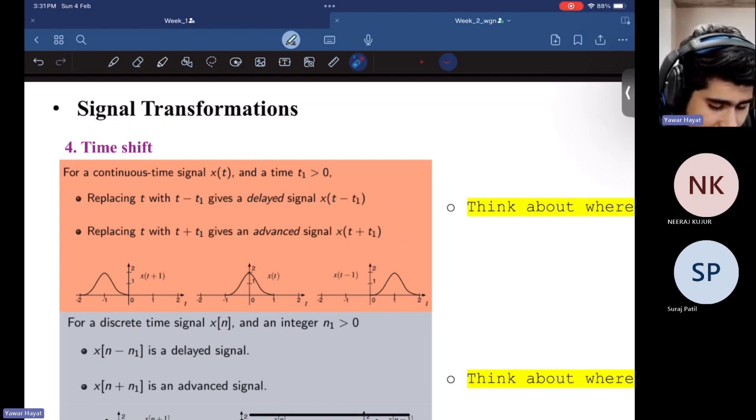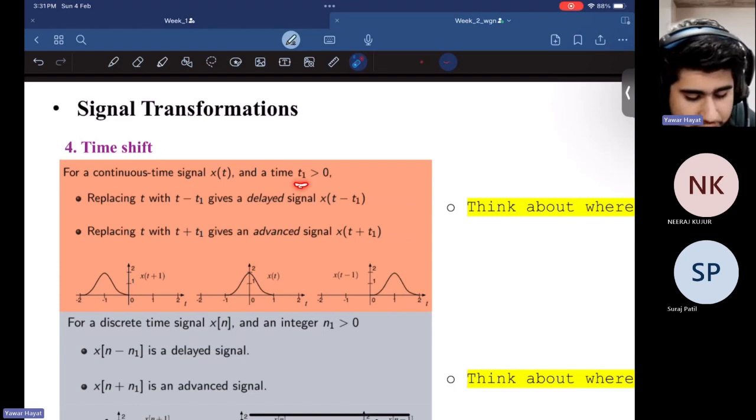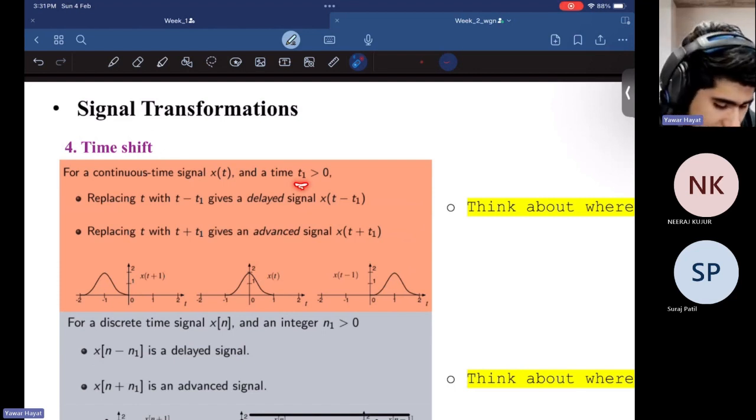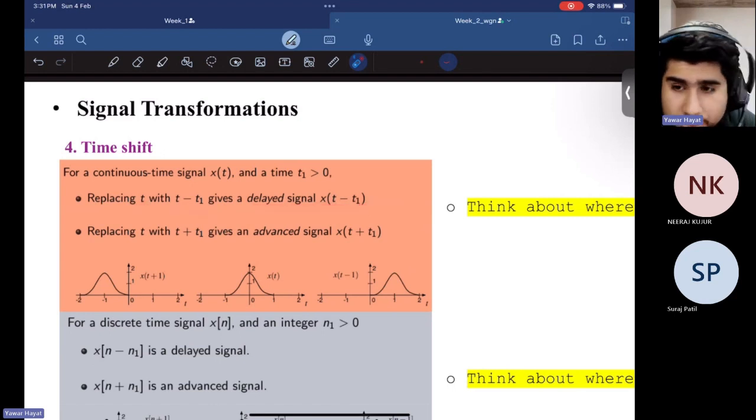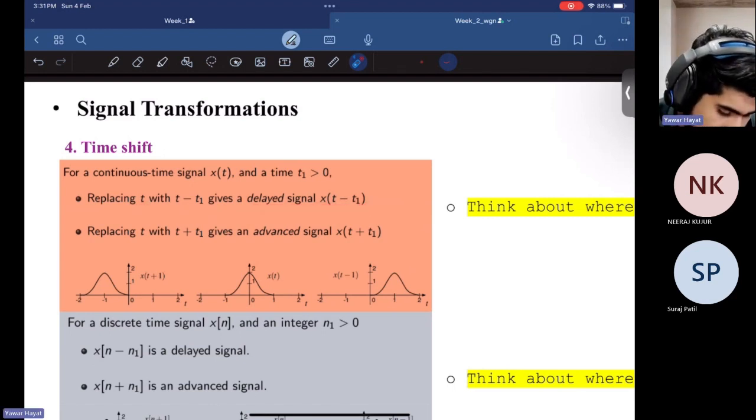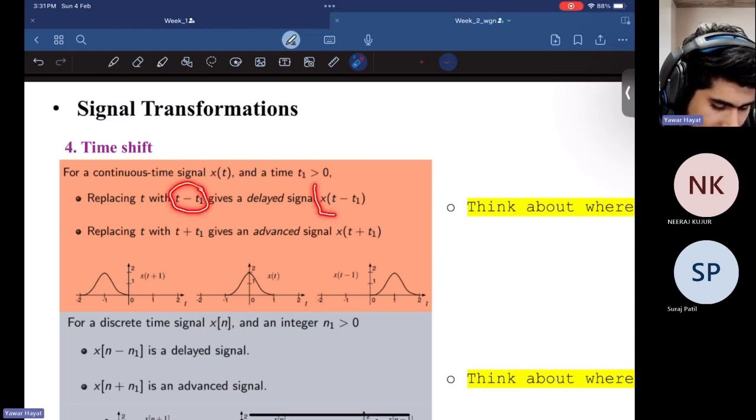For a continuous time signal x of t and a time t1 that is a positive quantity, I'll assume this t1 is a positive quantity. Now, if we replace this t by t minus t1, we get a delayed signal x of t minus t1. Okay, so if the signal is x of t and I'm interested in obtaining a signal x of t minus t1, I would get a delayed signal.